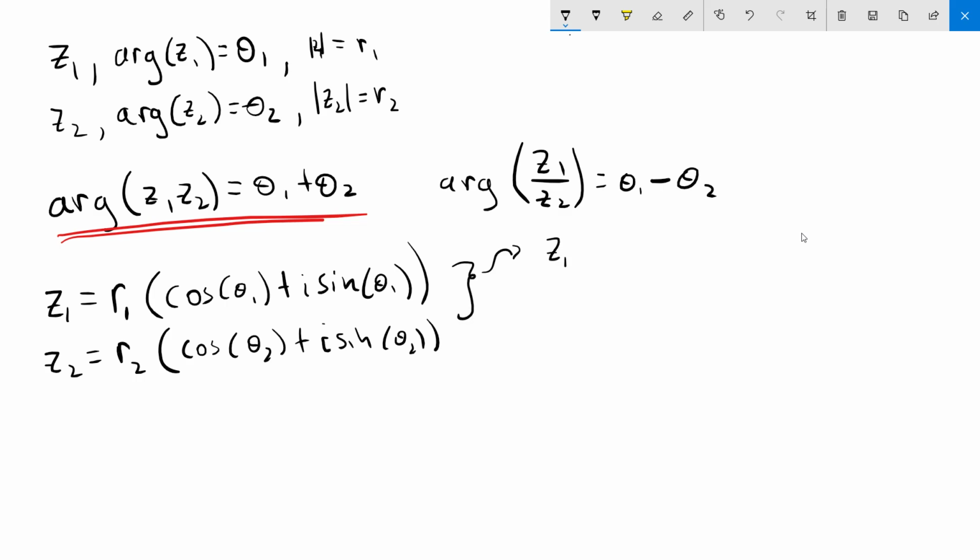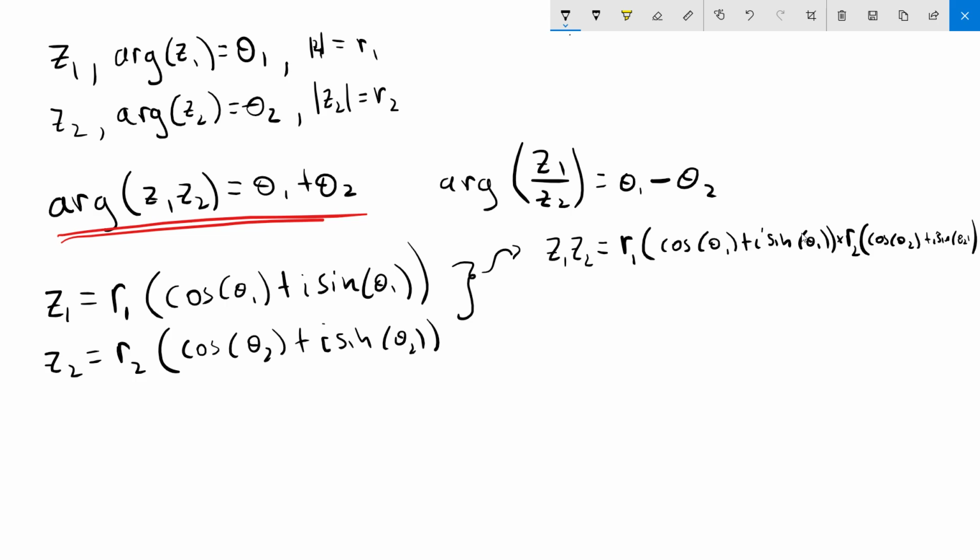Okay, what happens if we take z1 and we multiply it by z2? So z1 times z2 gives us, well, r1 (cosine theta 1 plus i sine of theta 1). It's not going to all fit here. Times r2 (cosine of theta 2 plus i sine theta 2).